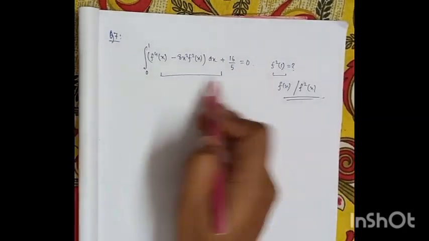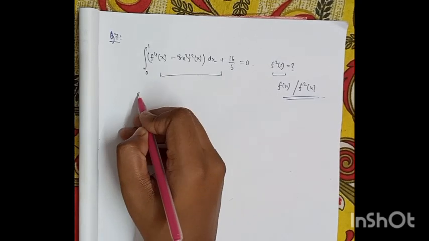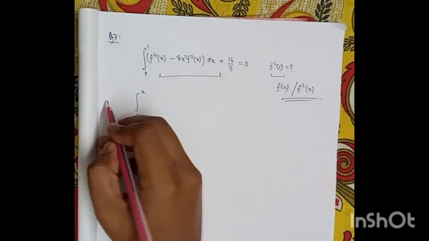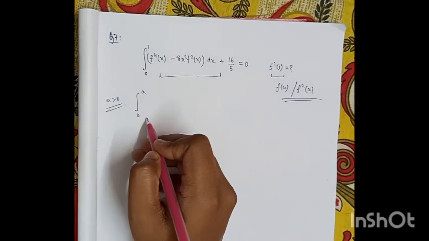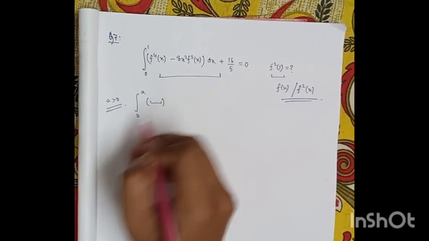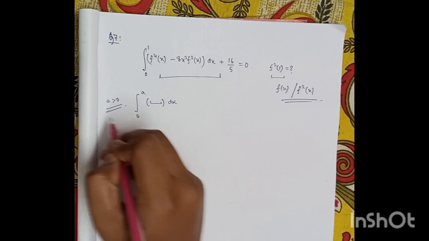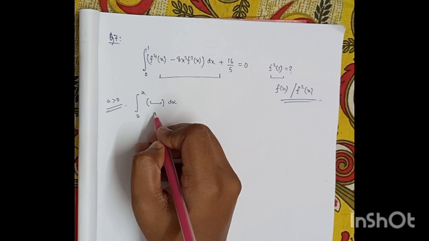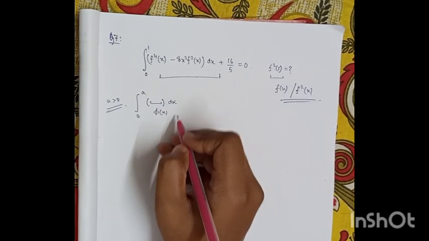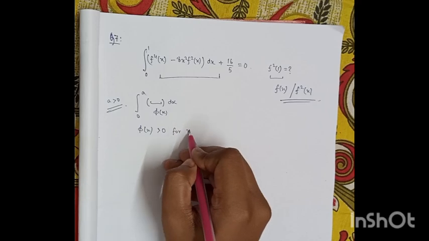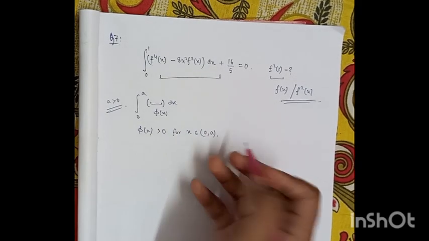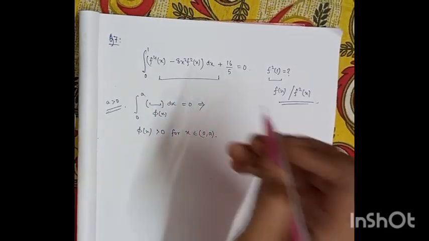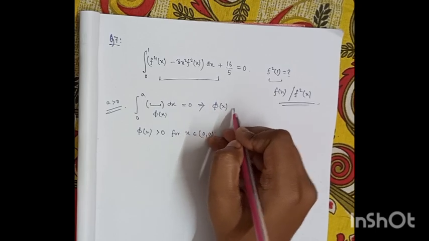As this equation is given, we know by the property of definite integration that for some a greater than 0, if we have some positive integrand over this interval 0 to a, let's say this is φ(x), and φ(x) is positive for x belonging to the open interval (0, a), and the integral is 0, then it implies that φ(x) should be 0.